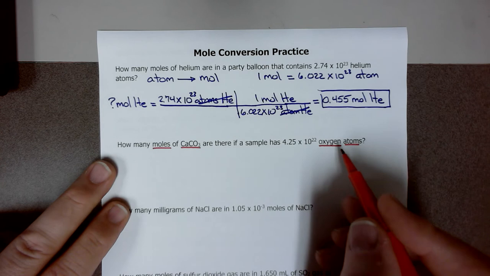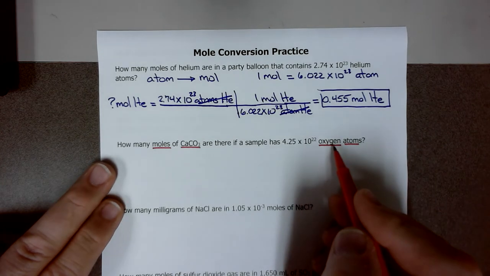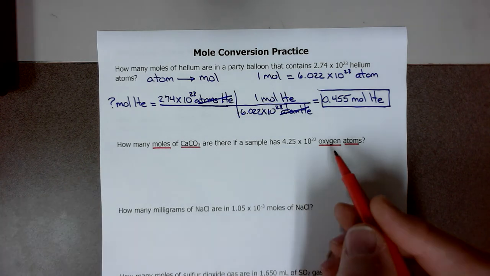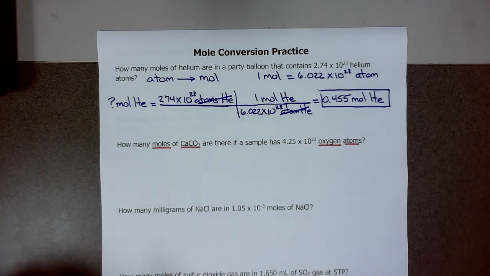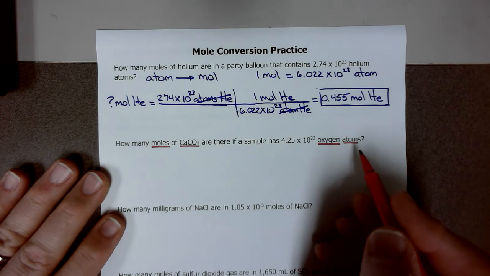Now the only way that I can go from one substance to another, in other words oxygen is different than calcium carbonate, is I can only do that through a mole to mole ratio. So I have to be in the mole. You have to do it through the mole.